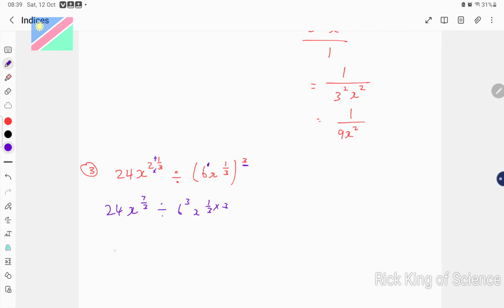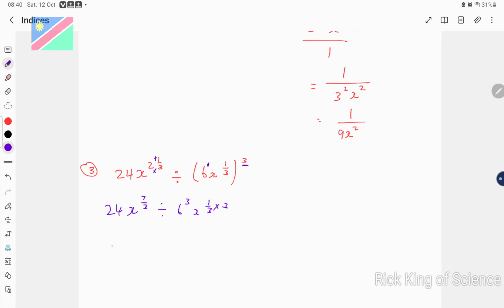So now what you have here is you have 24. Now let's divide it by, okay, let me just do it like this. I'm gonna change that division to, okay, I think I'm going to confuse you.